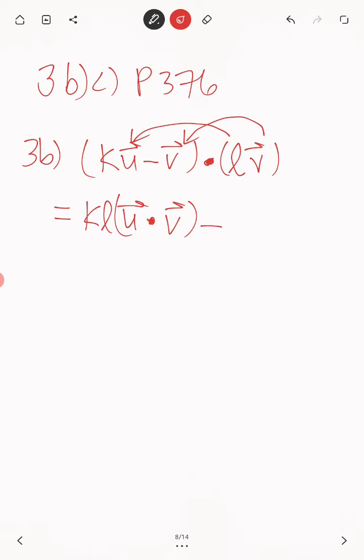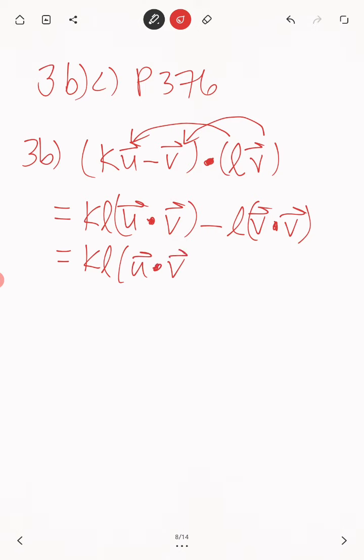And then minus L times V dot V. So let's just see if we can simplify this a little bit. U dot V, we could, no, we can't do much with that, so we'll leave it as U dot V at this point.